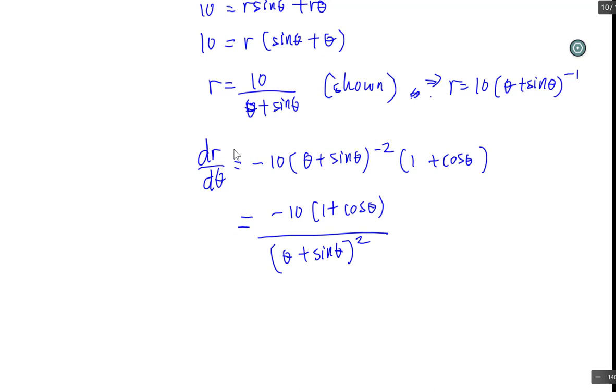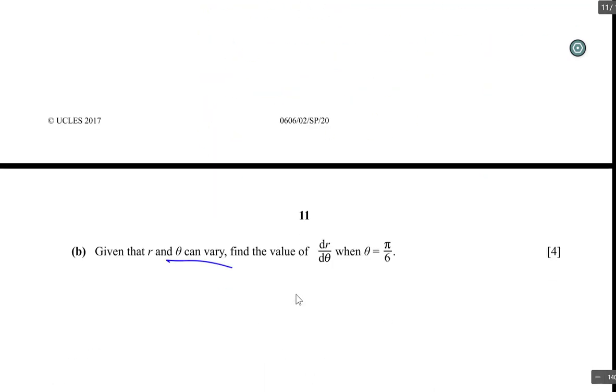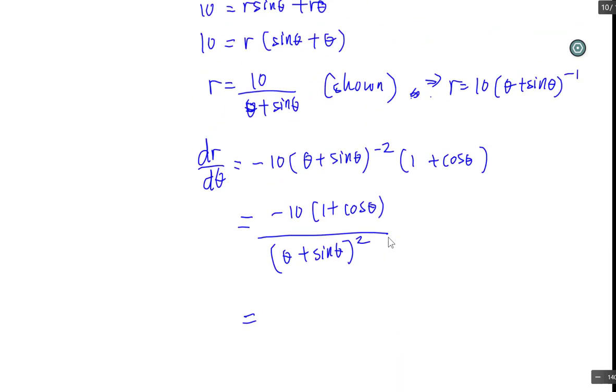In fact, you don't need to rewrite it as a fraction. If you are too lazy, it should be fine, because you just need to type everything in the calculator when you insert theta equals pi over 6.